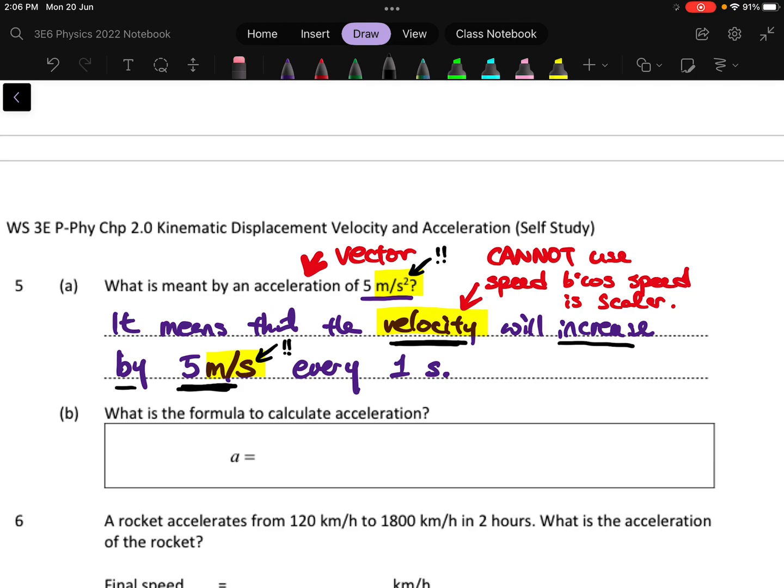So how do you get the meter per second square? Because that's what the question wants, right? That is because you quantify it by, oh, this increase of velocity happens every 1 second. So you are saying that this is actually a per second thing. So in the end, you will still get back 5 meter per second square.